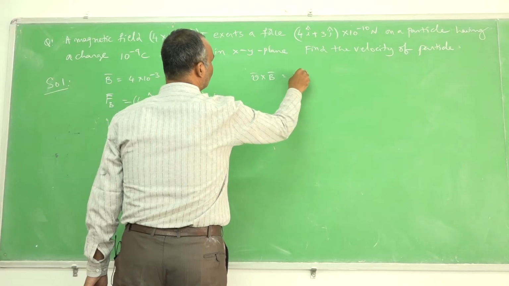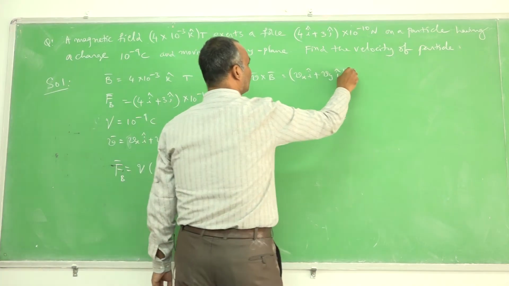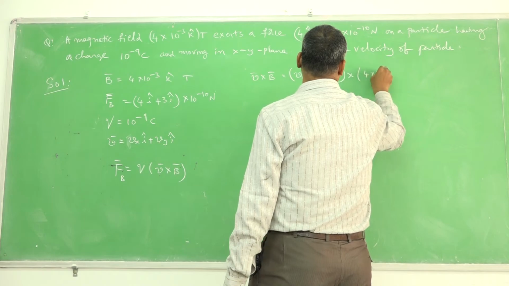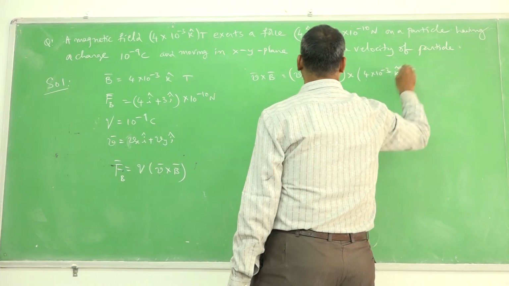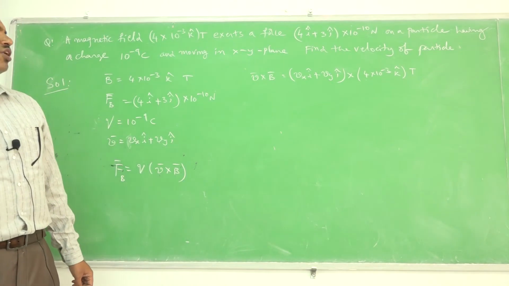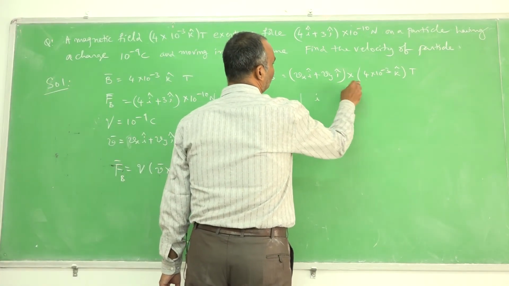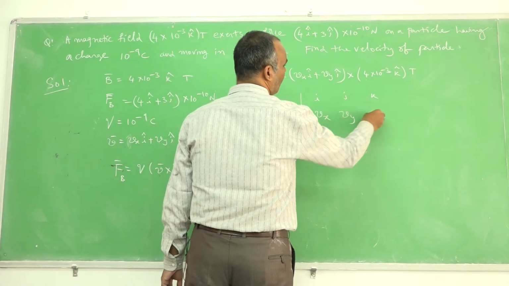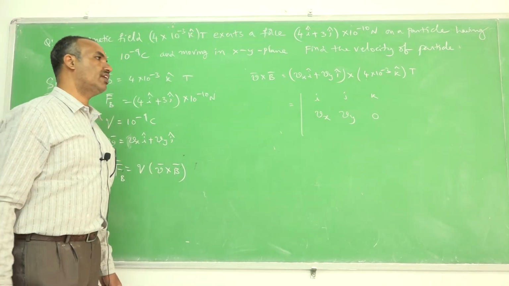V bar cross B bar means Vx i cap plus Vy j cap cross magnetic field, which is 4 into 10 power minus 3 k cap Tesla. Here two procedures you can follow. The simple procedure is the determinant i j k, Vx Vy, and z component is 0 in case of velocity vector.